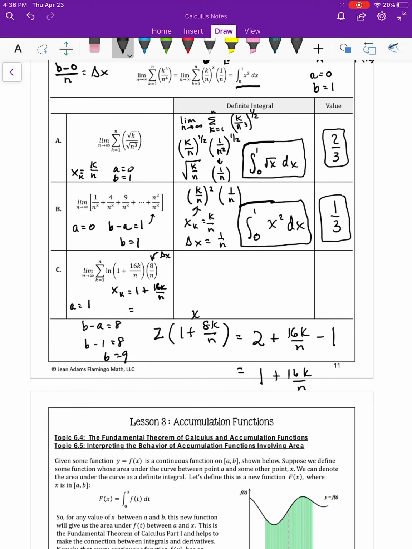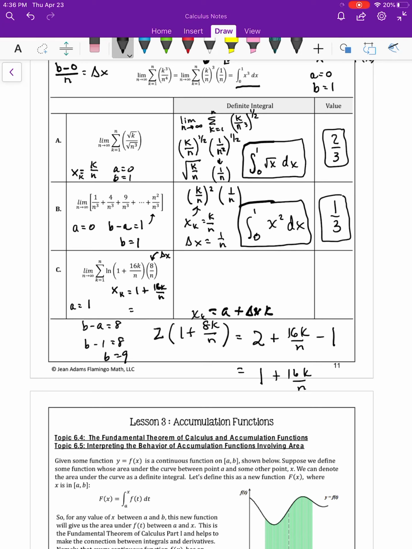Is 2 plus 16k over n minus 1. And then that's how you got your 1 plus 16k over n.